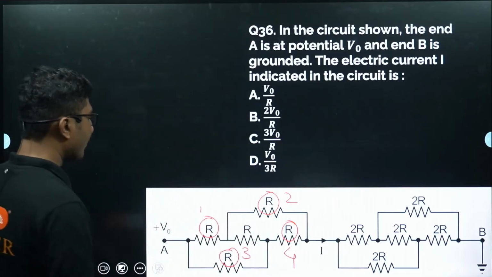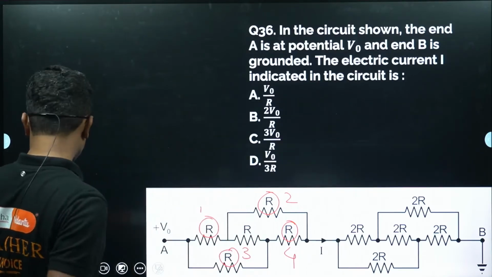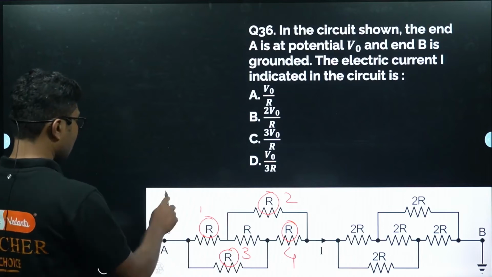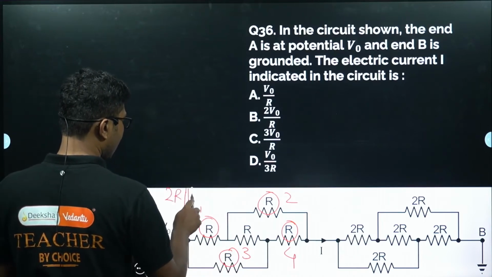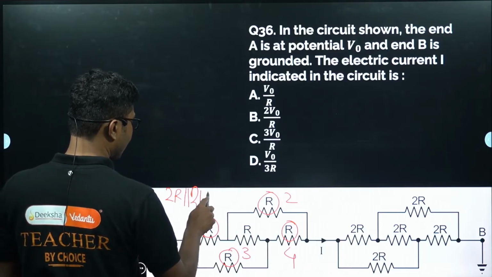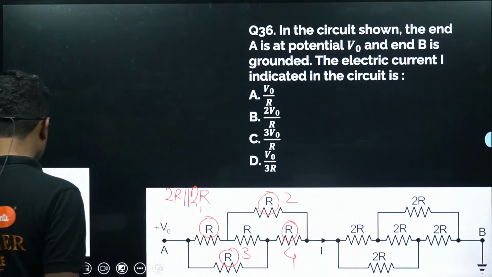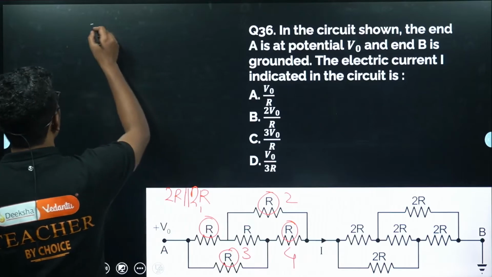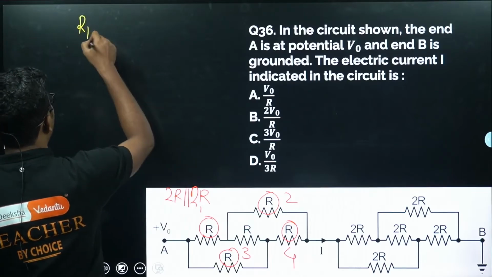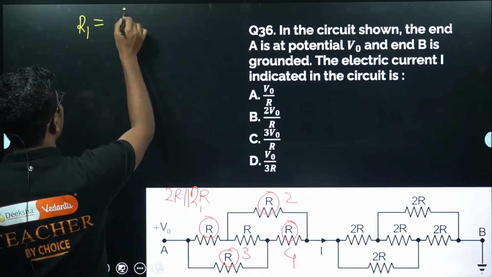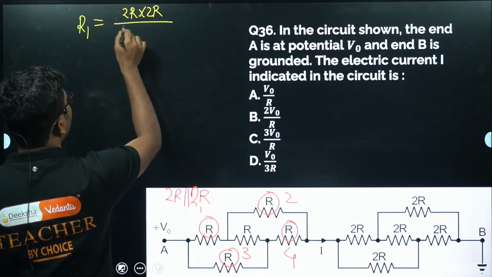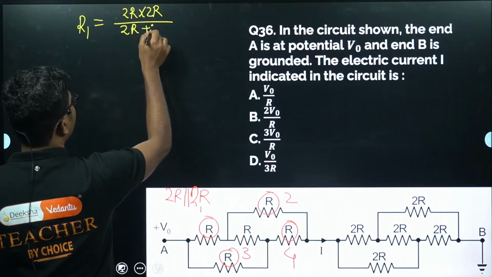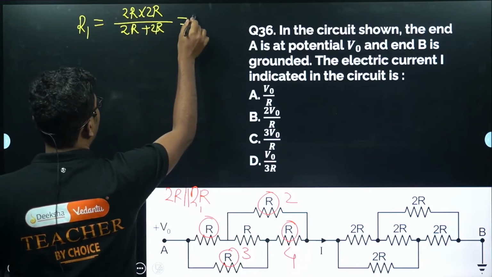So what we have to do is find R plus R is 2R, and another R plus R is 2R. So they are in parallel. What is the equivalent resistance of two 2Rs connected in parallel? Simply we will write, say this resistance is R1, equal to 2R into 2R by 2R plus 2R, it will be R.